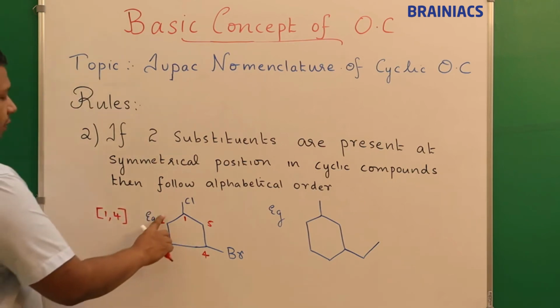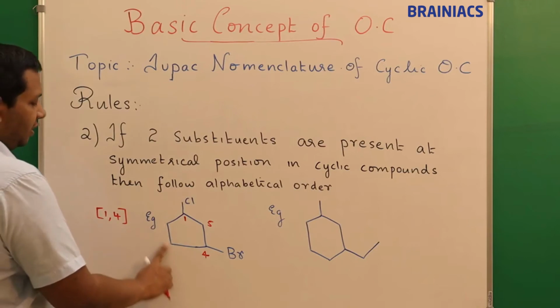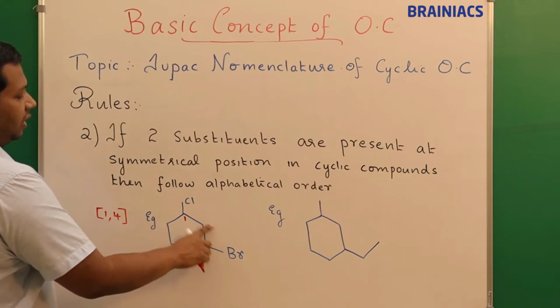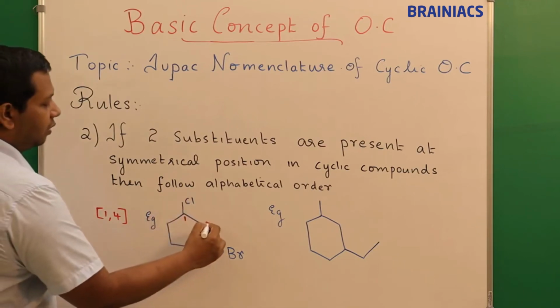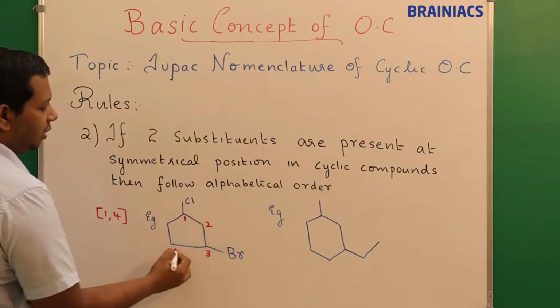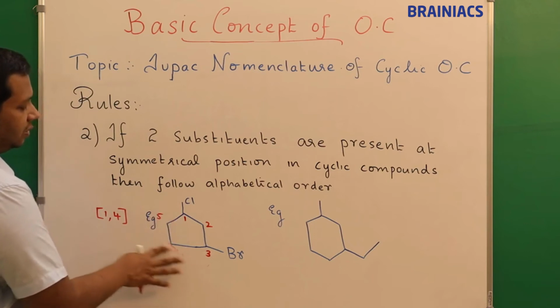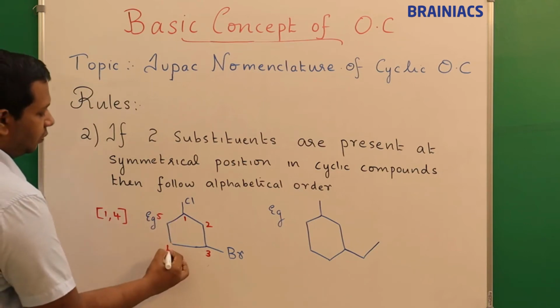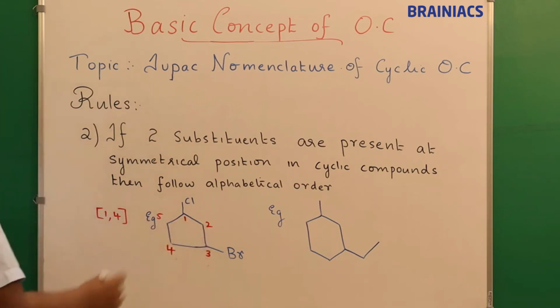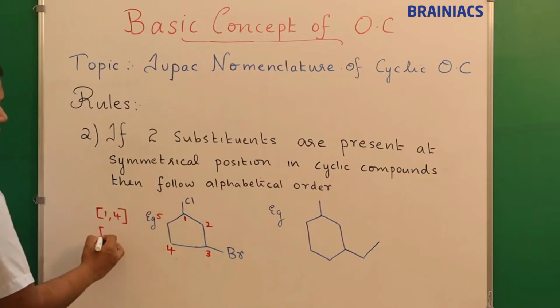Now another person doing this in another way. Let's see how he does. So he gave 1 for chlorine and 2 for this one, then 3, 4, 5. So 4 is given for this one. So tell me what is the locant set. For chlorine it is 1 and for bromine it is 3 actually.